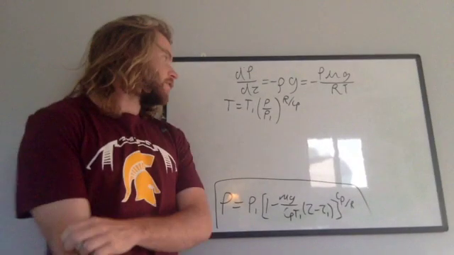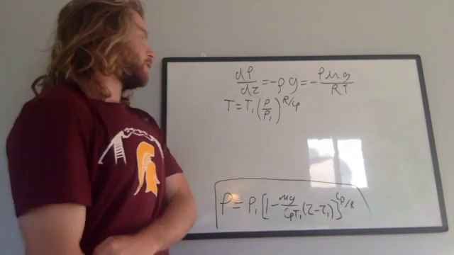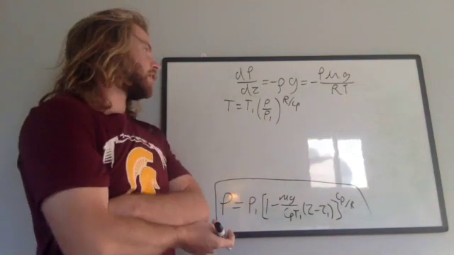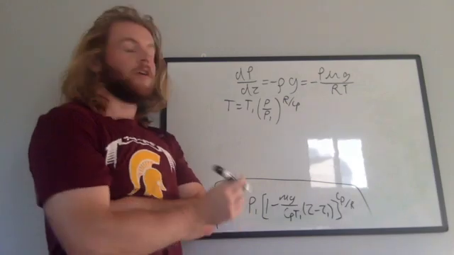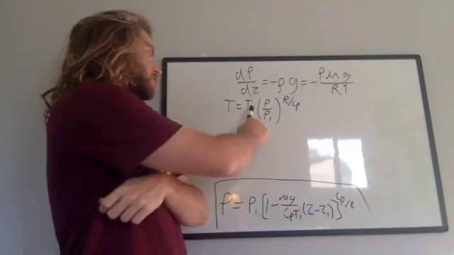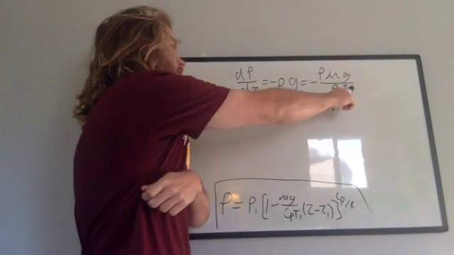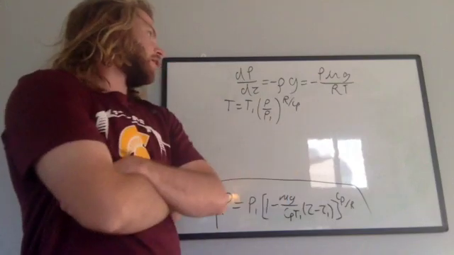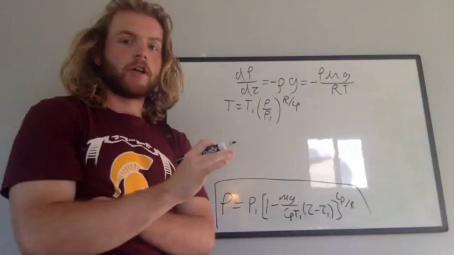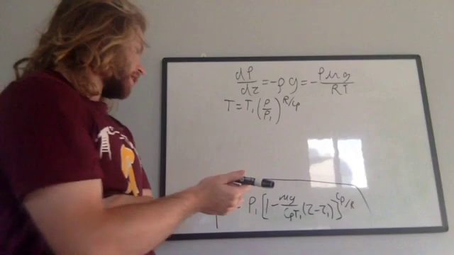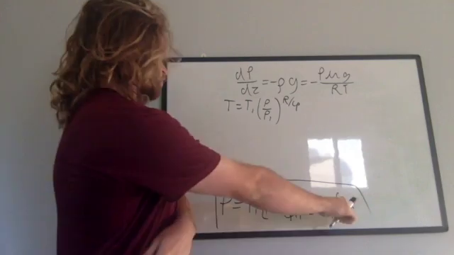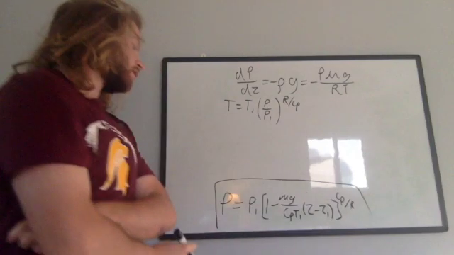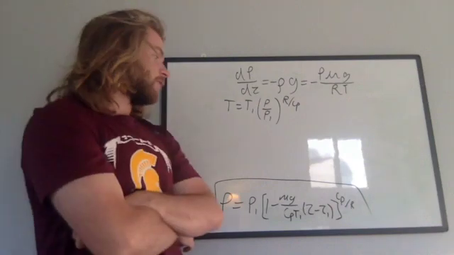Alright, so earlier in the video, if you remember, we came up with this equation to relate the pressure with the temperature that we then used to substitute in for our temperature over here, so we could get our integral for the pressure going. And basically what we can do now is substitute this expression in for the pressure right here. And by doing that, we're going to have a lot of nice things happen for us.